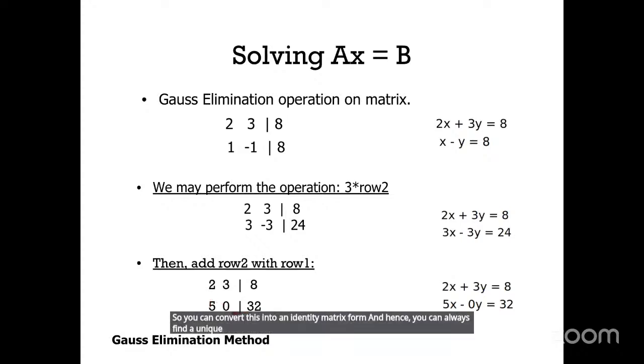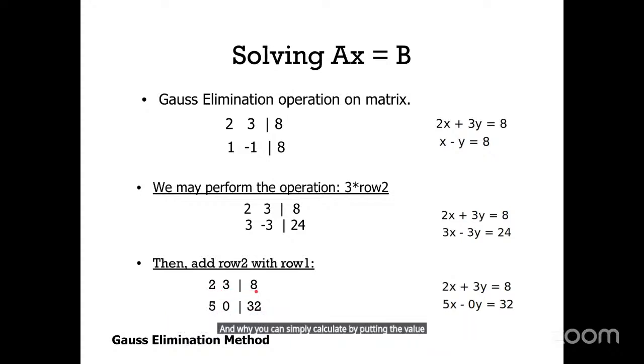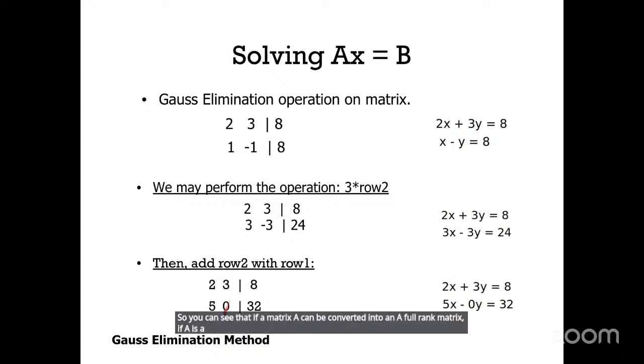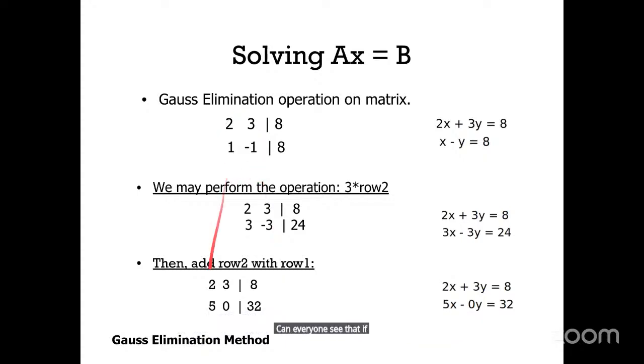In this case, the unique solution is x equals 32 by 5, and y you can simply calculate by putting the value of x here. So you can see that if A is a full rank matrix, there is always a unique solution. Can everyone see that if A is a full rank matrix, you can always find a solution?